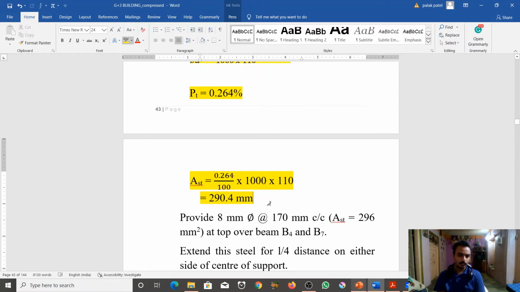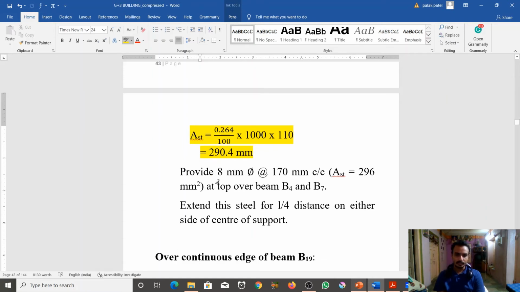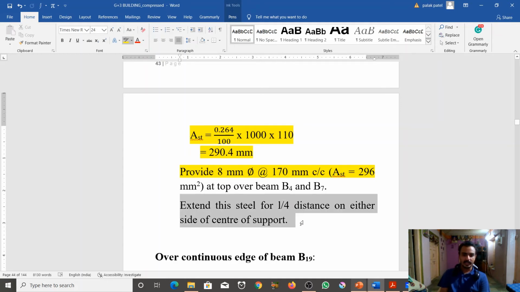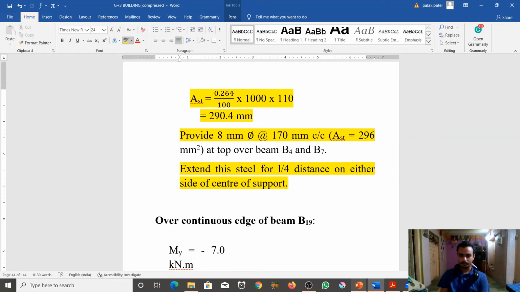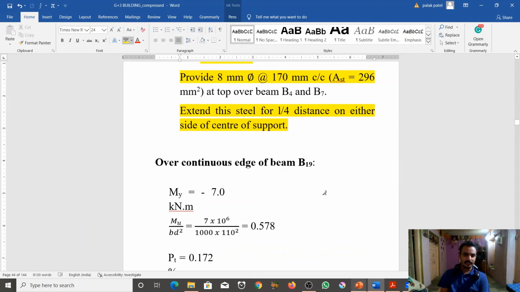So Ast is 290.4 mm square. Then provide 8 mm diameter at 170 mm center to center at top over beams B4 and B7. Okay, extend this steel for L by 4 distance on either side of the center of supports. So this design at the support is completed.